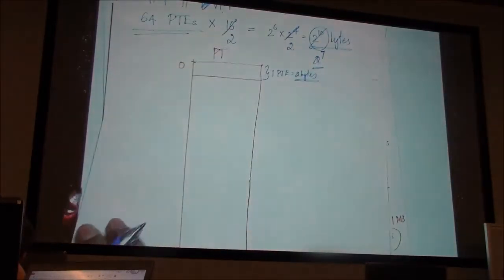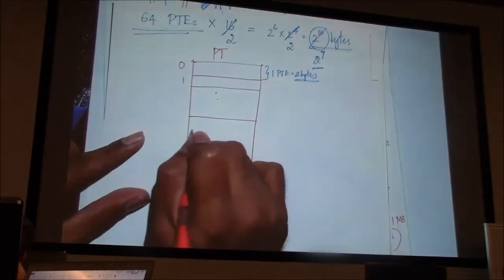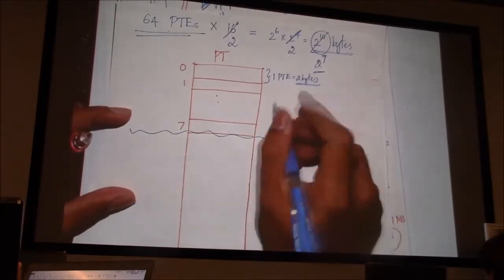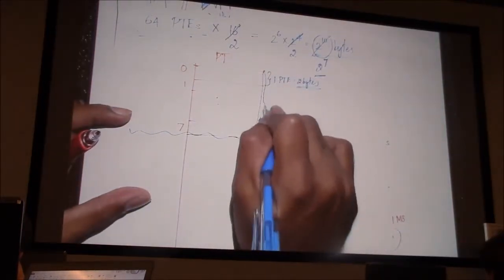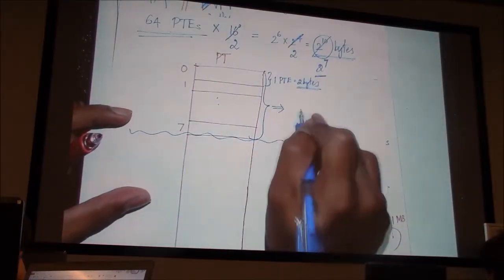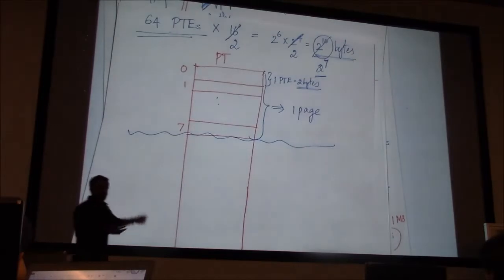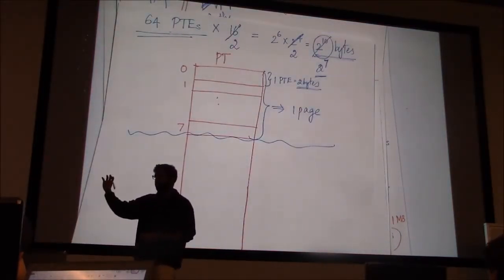You can store entries 0, 1 up till the 7th entry, the first 8 entries, in a single page. This whole thing gets saved in a single page. So the first 8 page table entries in this page table can be stored in a single page.